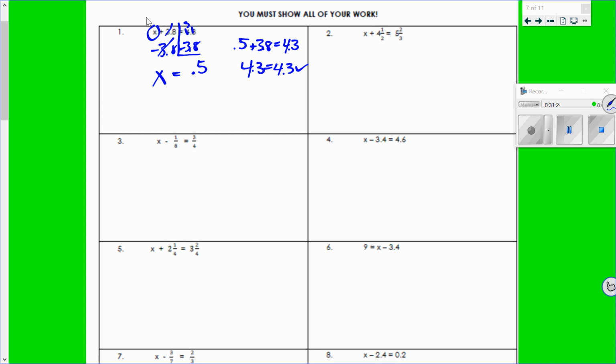Second one, same process. Circle my variable, draw my line. What's the opposite of adding 4 1/2? Subtracting 4 1/2. Okay, again, those have gone away, so I just have my variable. What is the rule for adding or subtracting fractions or mixed numbers? Common denominator.